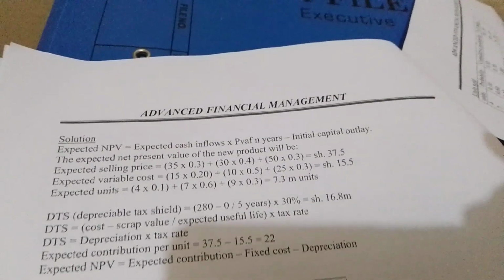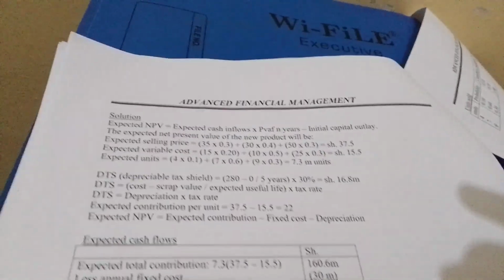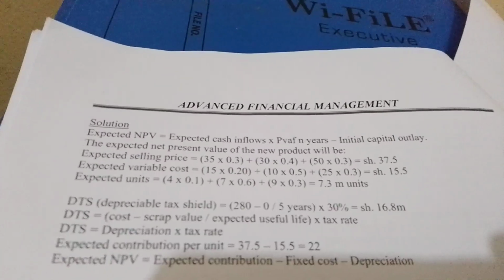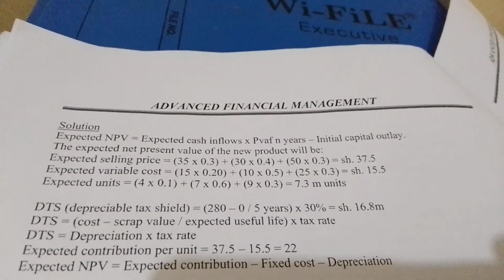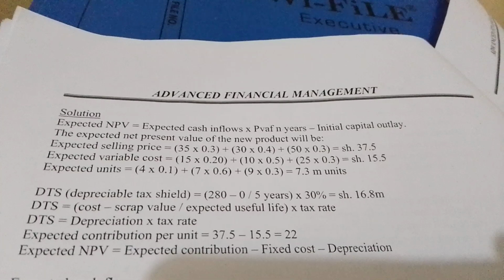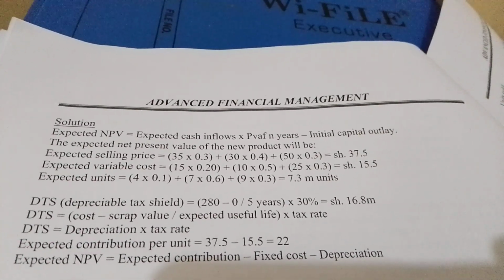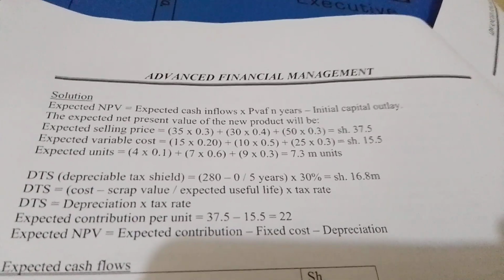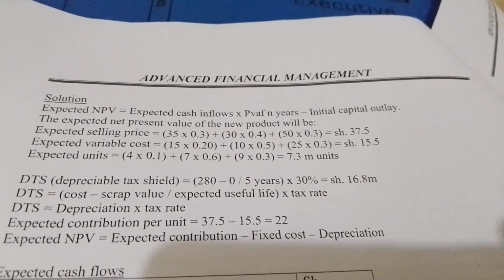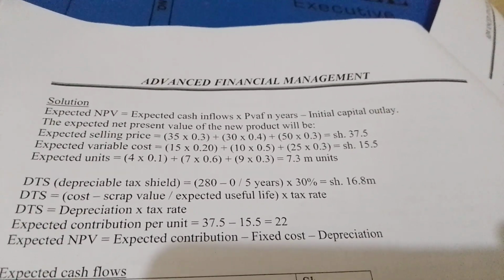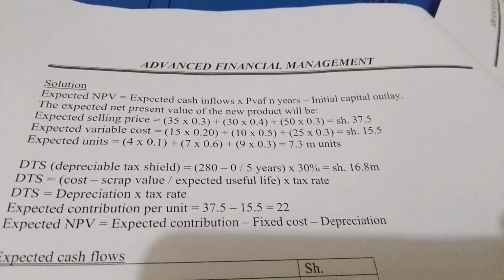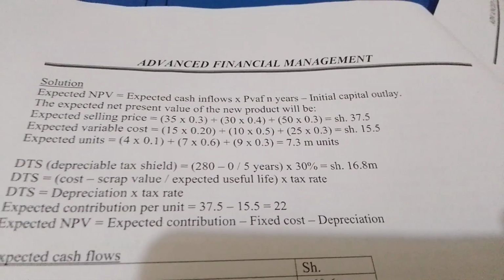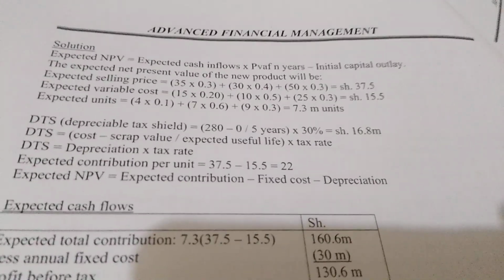So when you come back here, you see that the expected selling price we've gotten is shillings 37.5. Expected variable cost, we have gotten shillings 15.5. Expected annual sales, we have gotten 7.3 million units.